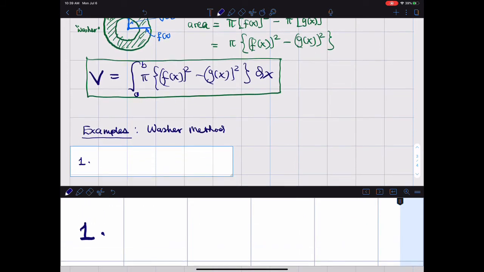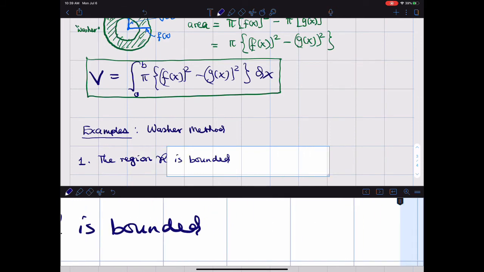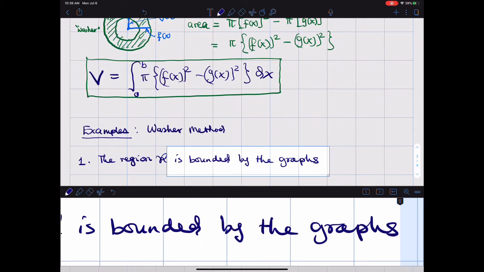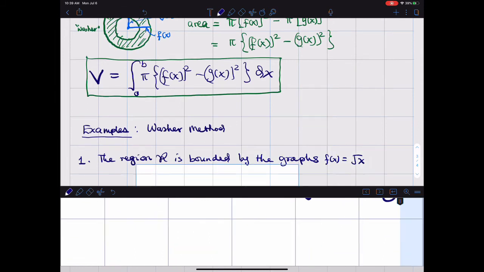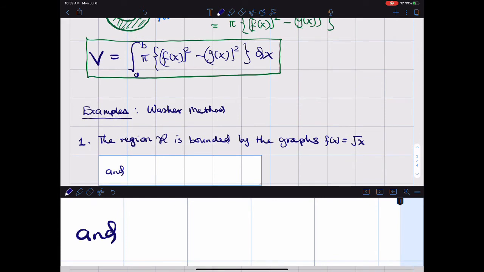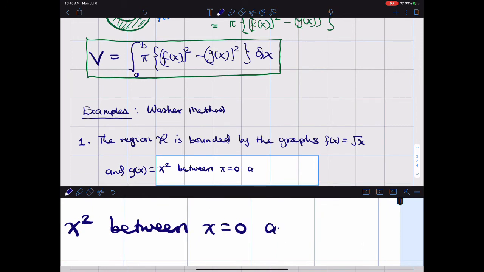Okay, so the region R is bounded by the graphs f of x equals square root of x and g of x is equal to x squared between x equal to 0 and x is equal to 1.